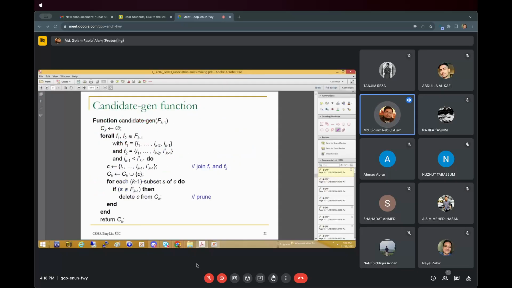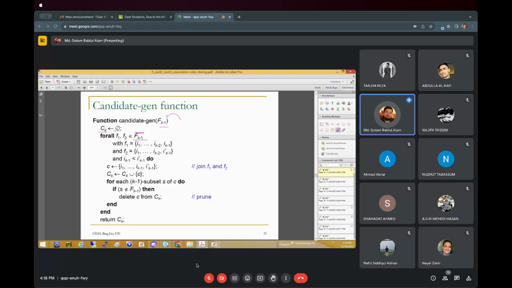So for candidate generation, the input F k minus 1 will be the frequent item set of k minus 1. And then the candidate set of k item sets will at first be null, empty. And then for all f1 and f2 in our F k minus 1.